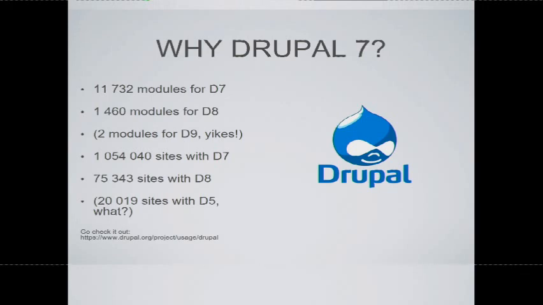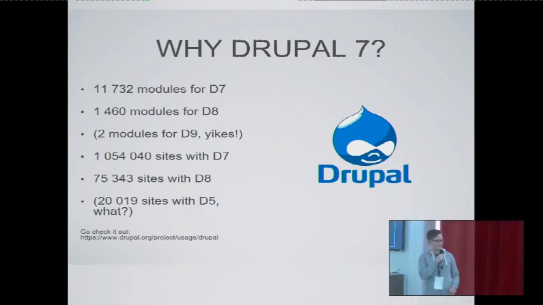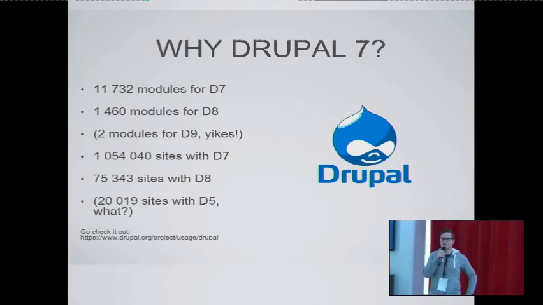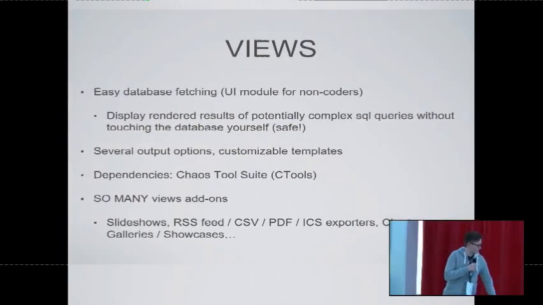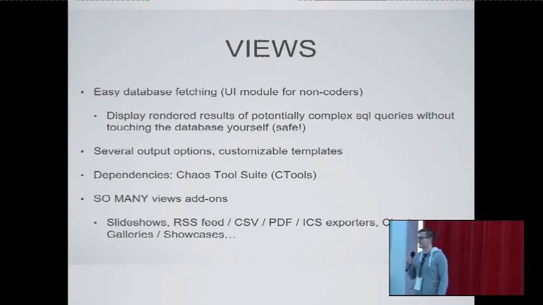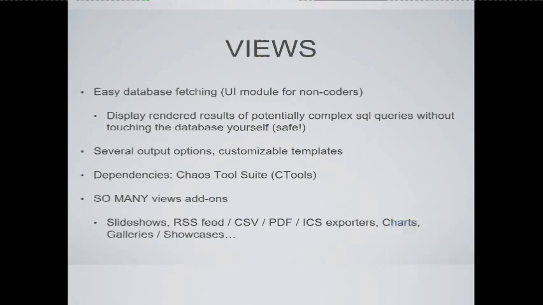And actually, there was one site still maintained with the first edition of Drupal 5.0, which is approximately 10 years old. It's great. Yeah, why change it? I mean, it's good enough, I suppose.